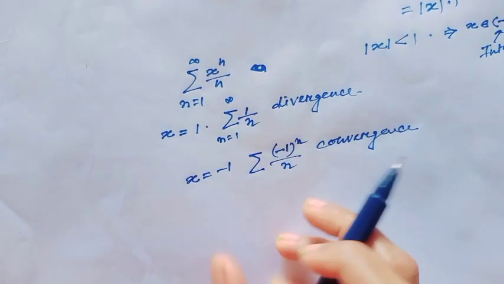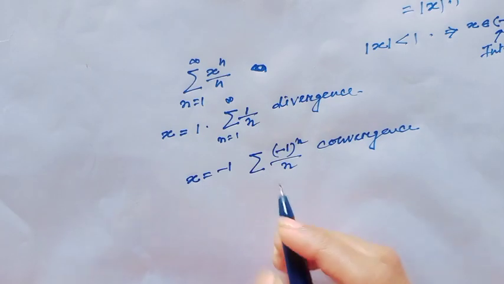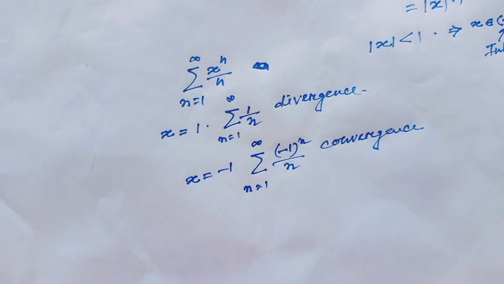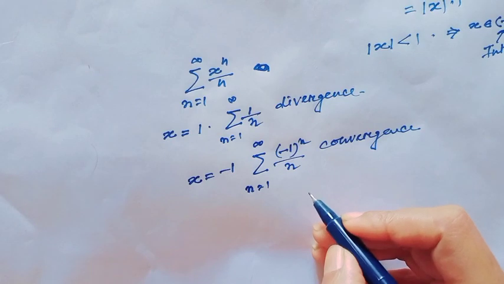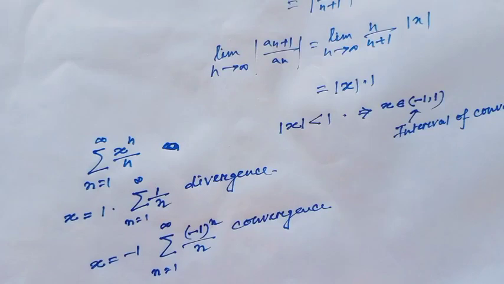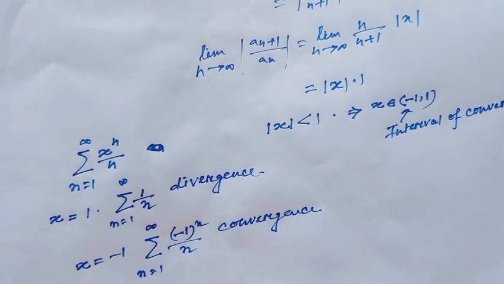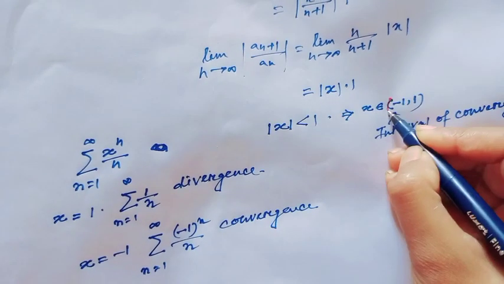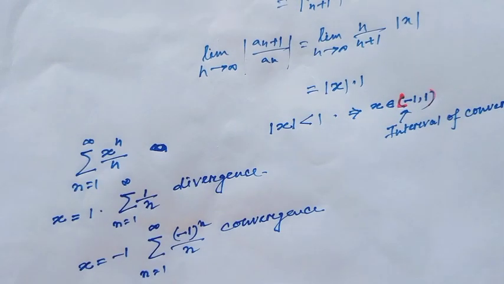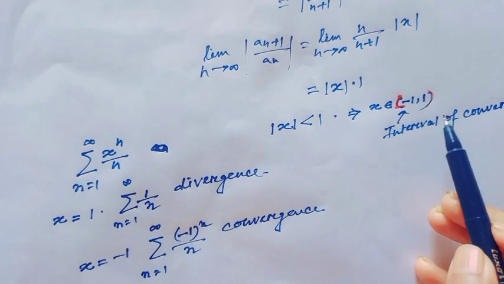When x equal to minus 1, the series becomes the sum from n equal to 1 to infinity of minus 1 to the power n over n, and we all know by the Leibniz test that this series converges. Therefore, the interval of convergence is the closed interval at minus 1 and the open interval at 1, that is, [-1, 1).